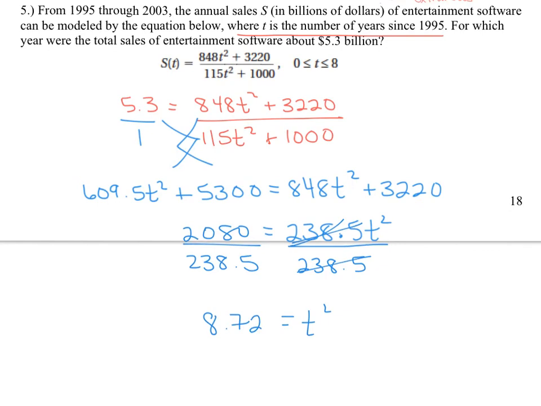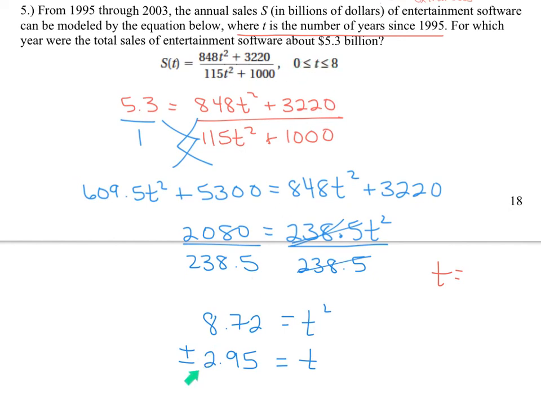And we take the square root of that. So when you take the square root of that, you get t equals, now remember when you take a square root, you have plus or minus 2.95. Now for your final answer, we cannot include the negative 2.95 because in the original domain we only wanted times between 0 and 8.